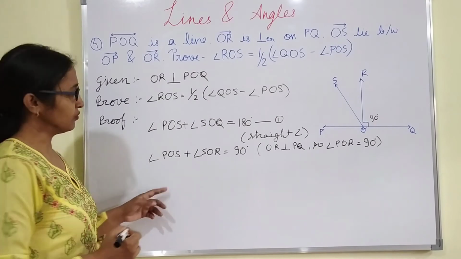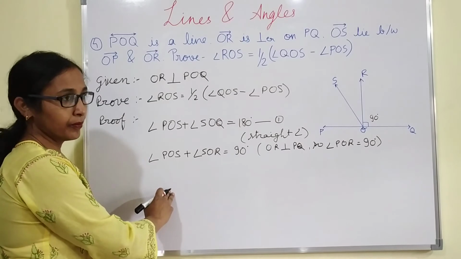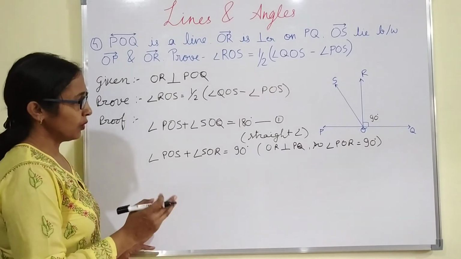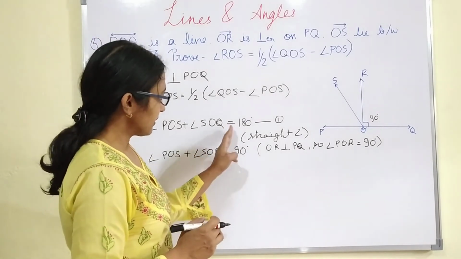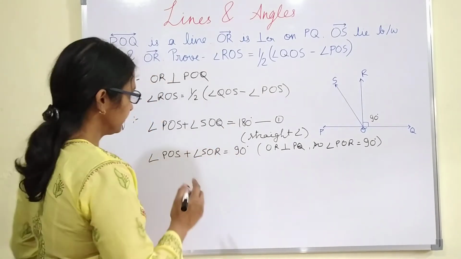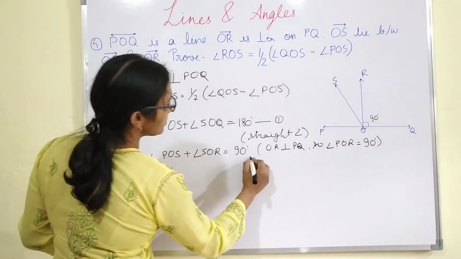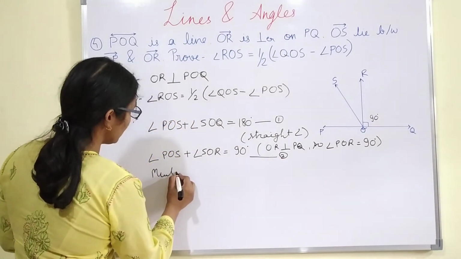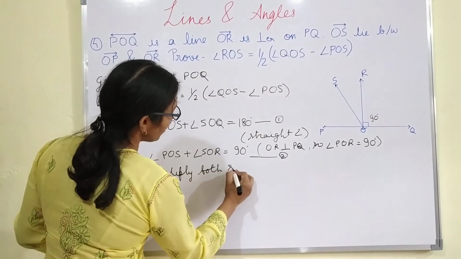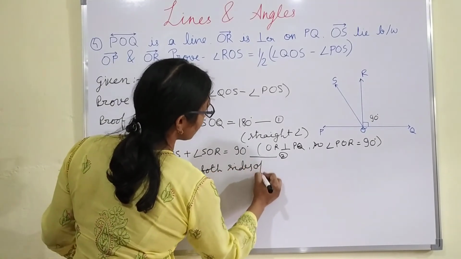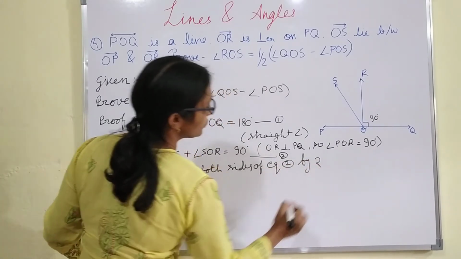Okay, this one. Now multiplying this equation both sides by 2. Why are we multiplying? To make the right side of these two equations equal. We will write, this is equation 2. So multiply both sides of equation 2 by 2.